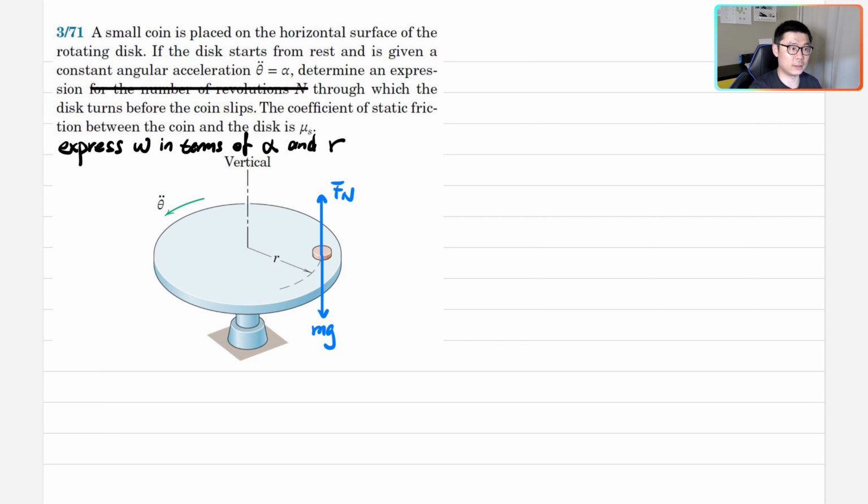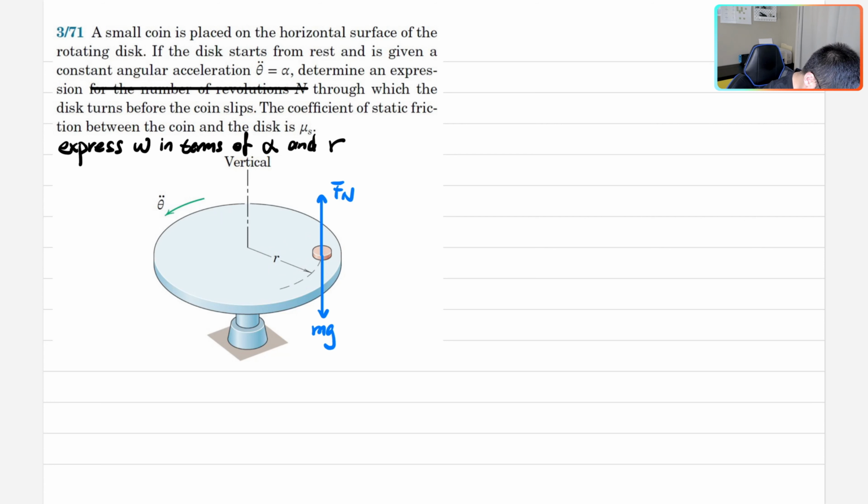So friction is not on the same plane as your gravity and normal force, because gravity and normal force are on the vertical plane. However, your friction is on the horizontal plane. Right? So therefore, if we draw the force here, let me use a different color to represent it's on a different plane.